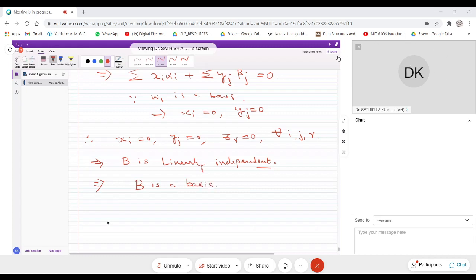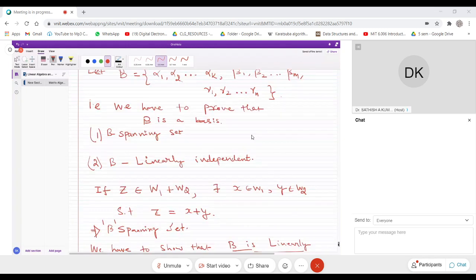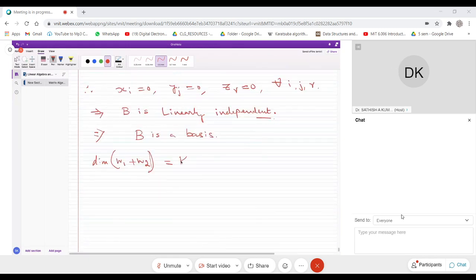So B is a basis means the dimension of W1 plus W2 is nothing but the number of elements in the basis B. We have K plus M plus N elements, so this is the same as K plus M plus N.